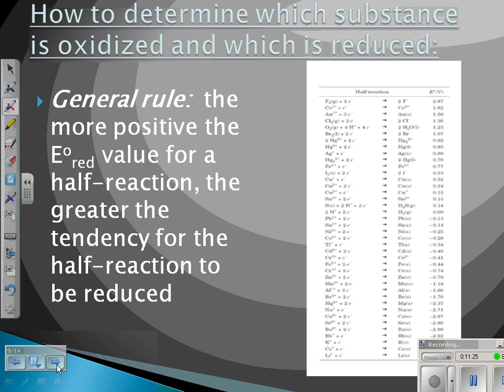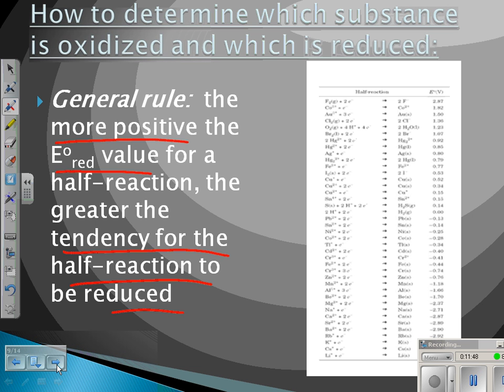All right, so you've got this table. Again, this is a picture of what you have in front of you. And this general rule is super important because they're going to ask you hypothetical questions too, not just calculation ones. This says the more positive the E red value, the greater the tendency for that half reaction to be reduced. That's what I was saying before.